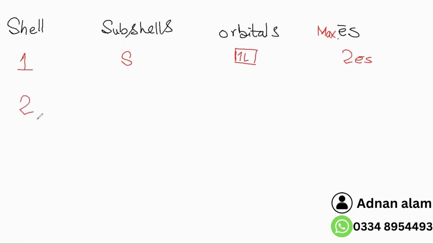Okay. If you talk about the second shell, or principal quantum number 2, the second shell has 2 subshells, that is s and p. The s subshell has one orbital, known as the s orbital, and the p subshell has 3 orbitals, like this. And these 3 orbitals are named px, py, and pz.